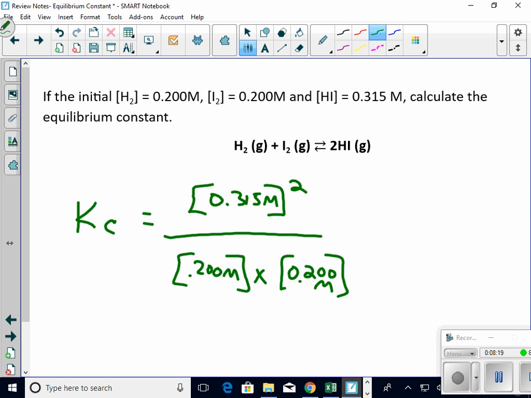So when I put these together, 0.315 squared, and I divide by that 0.2 times 0.2, that gives me a value of, with 3 sig figs, 2.48.